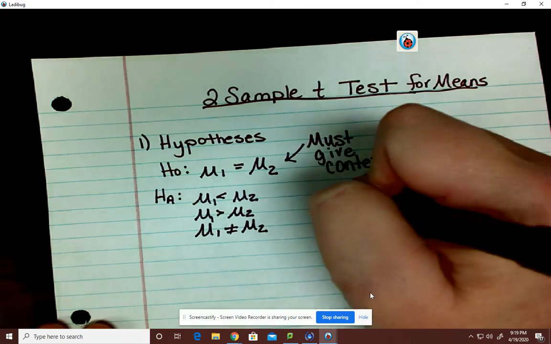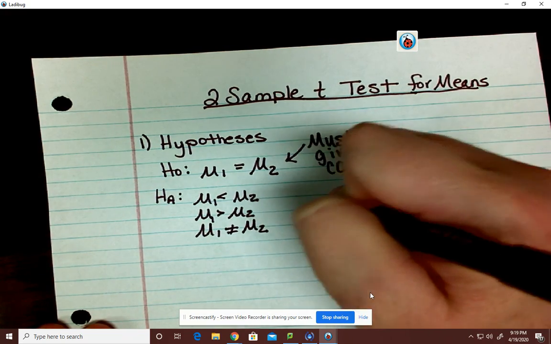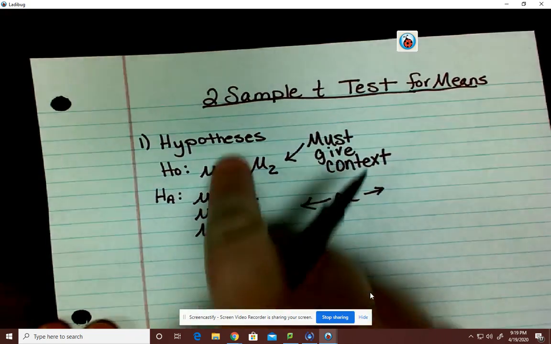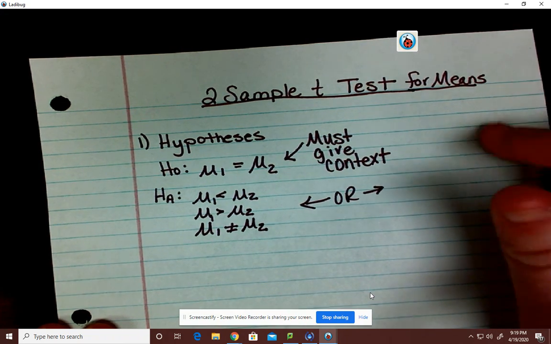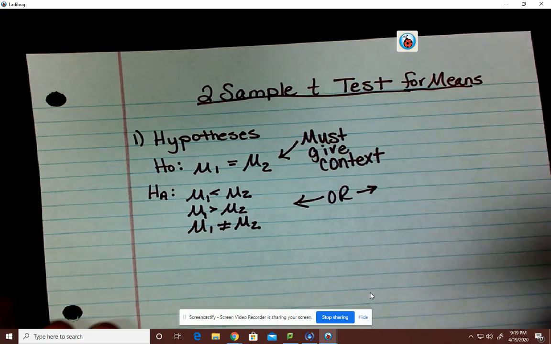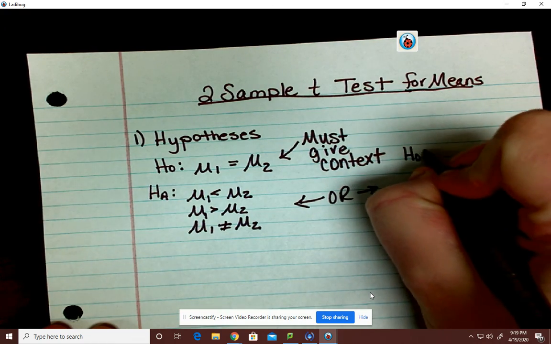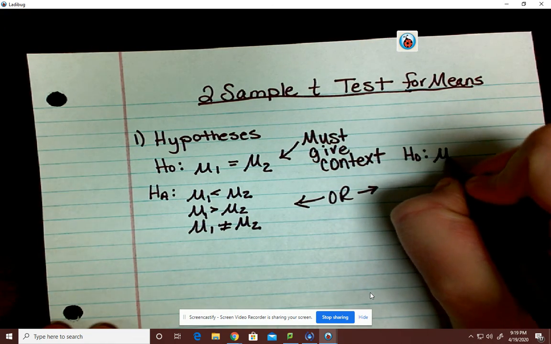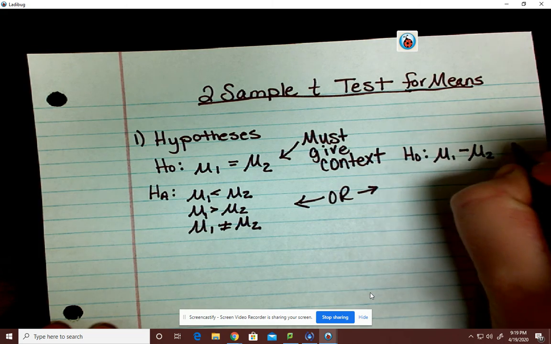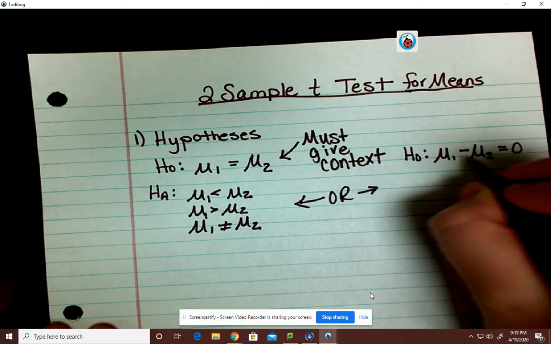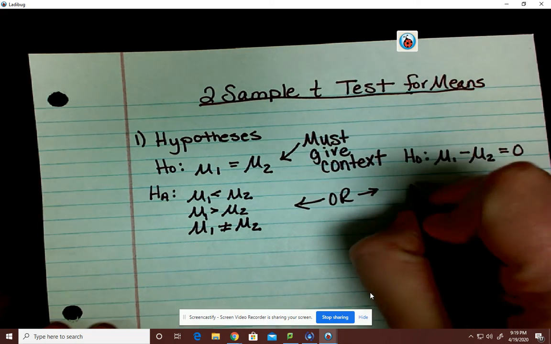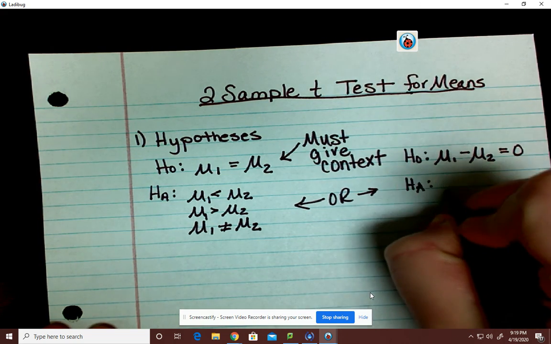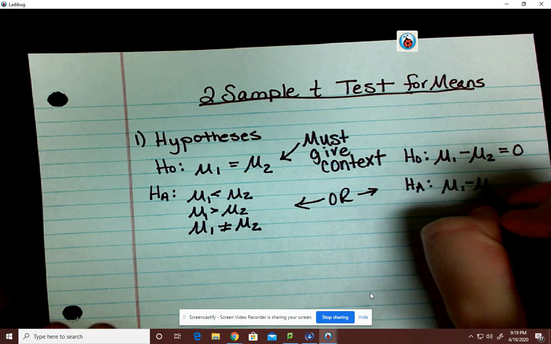Another way you can write these, I write them the way I do because I think it's easier to understand. But I do want you to be able to recognize, and I showed you this with the two proportion, that the null would say mu1 minus mu2 equals 0. That means they're equal. There's no difference. And then the alternative would be that mu1 minus mu2 is less than 0.